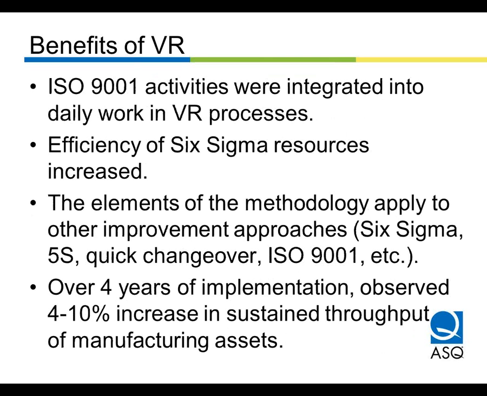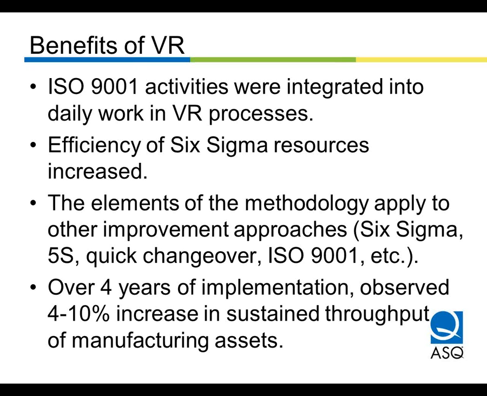Additional benefits: the facilities that were implementing and seeking ISO 9001 registration were seeing their activities integrated into the daily work in those areas where VR was implemented. The documentation, the standard operating procedures, the work instructions, the training, the audits. They also saw increased efficiency of Six Sigma resources, which we'll talk about in some more detail in a minute.